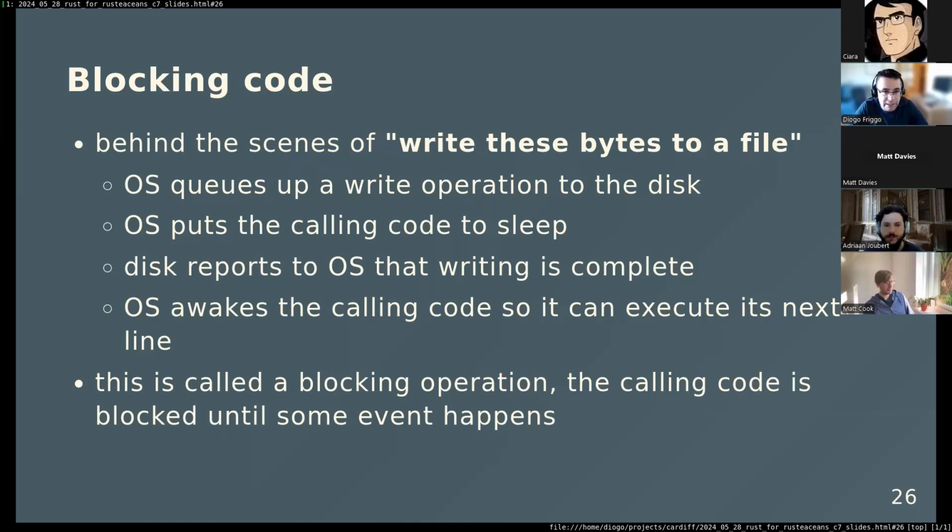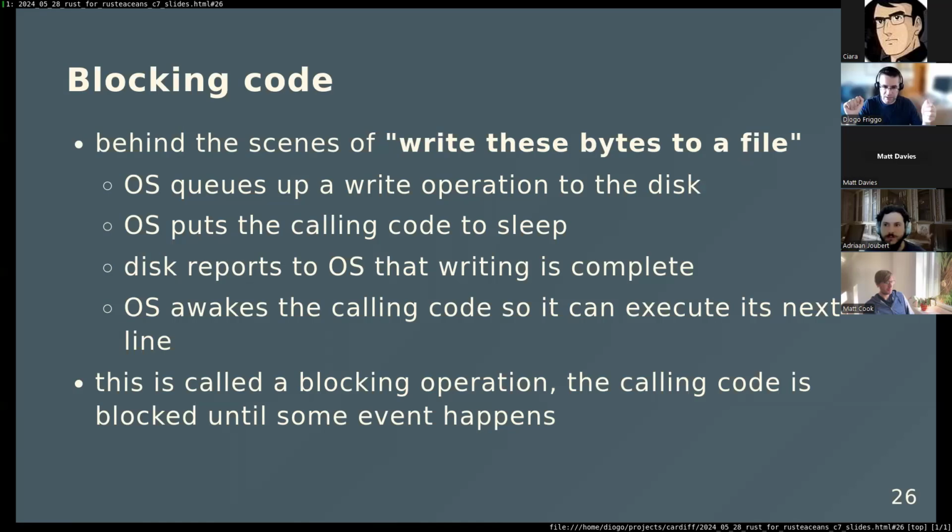And here I give an example of writing bytes to a file. So what really happens is the operating system is going to queue this writing operation to disk, and effectively park the thread that called it, like stop the thread, go to sleep until it's done writing, and then report back, hey, I finished writing, you can continue with your code.